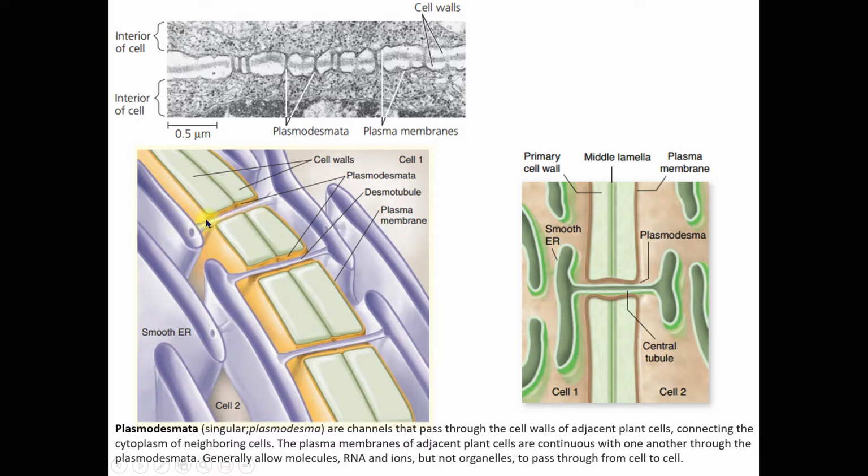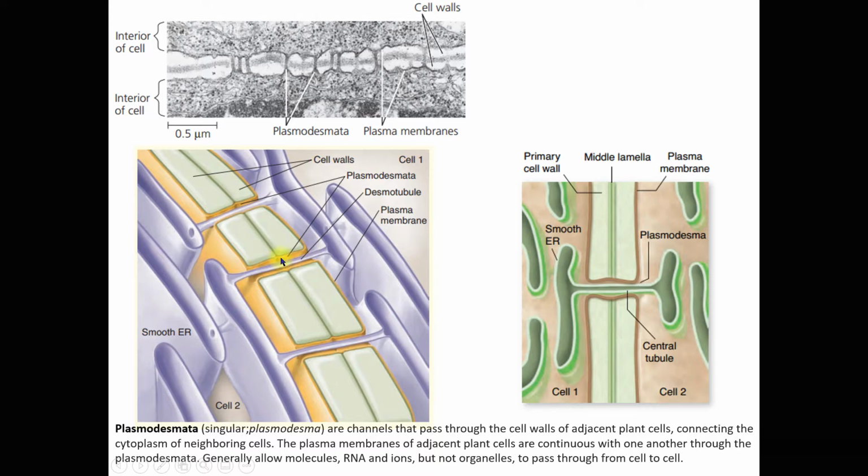Biarpun ada plasmodesma sini, ada ruang kosong ini, ada channel ini, the membrane cell ni tetap bersambung. Begitu juga membrane cell daripada sel ini dengan sel bersebelahan. Nampak? Ini plasma membrane cell 1 dia bersambung dengan plasma membrane cell 2 melalui plasmodesma ini. Alright.